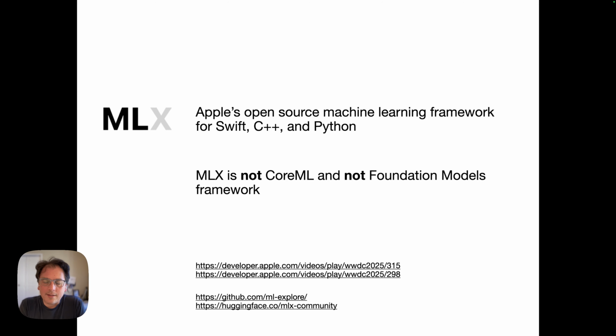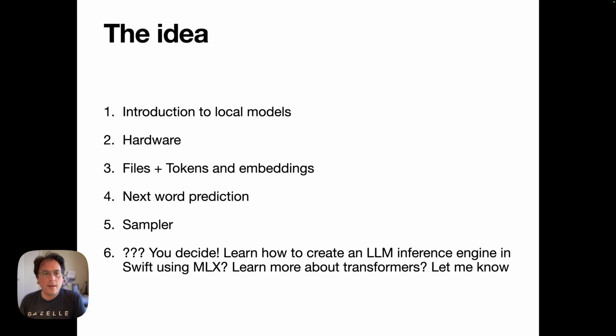MLX is meant for the big models, the new models, the state-of-the-art models. If you're interested in learning more about that, there are two videos that Apple shared for WWDC this year, and the links are in the slide here. MLX has a GitHub repository and a Hugging Face community where you can download the models. The links are also here in this slide.